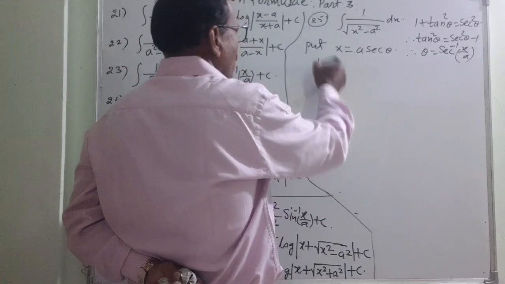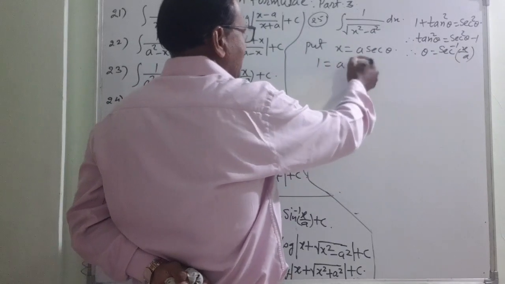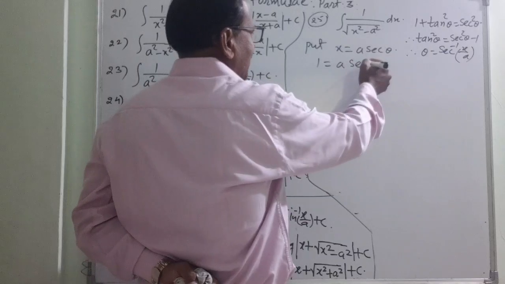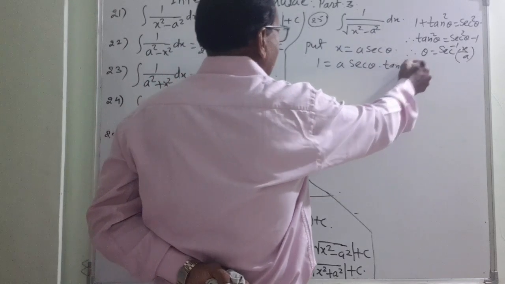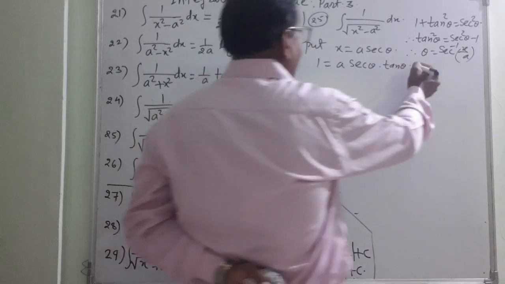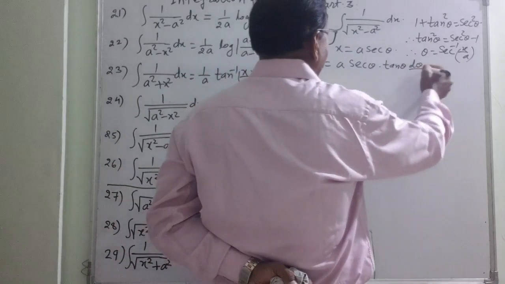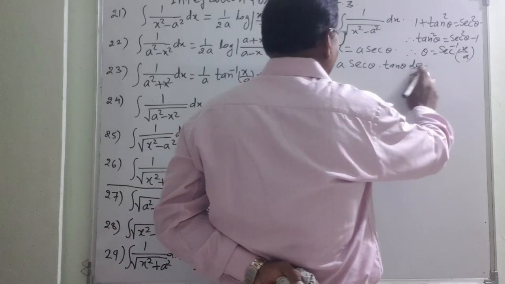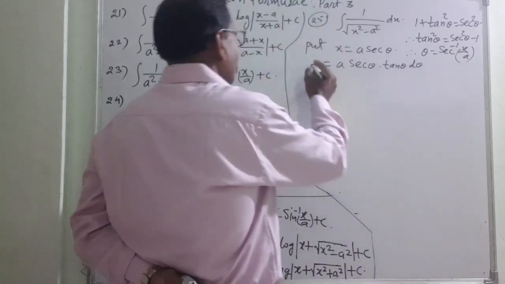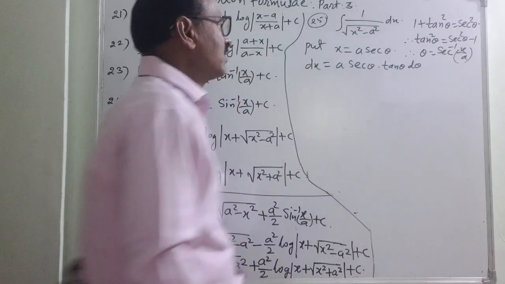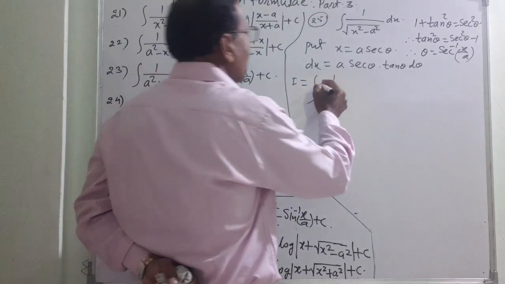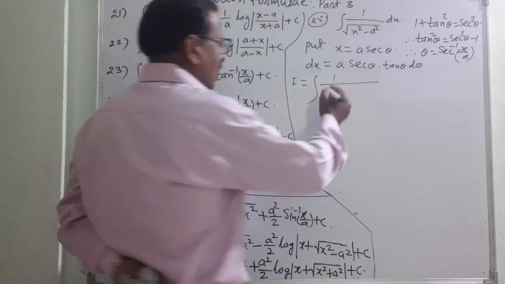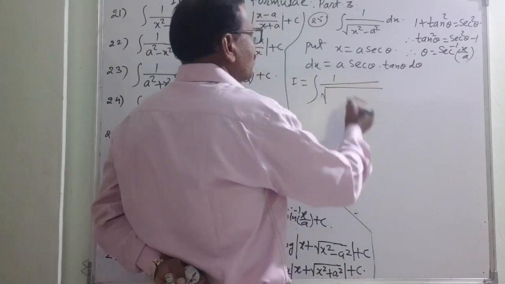Okay. So what is the, this is 1, this is a, d by dx of sec theta is sec theta into tan theta, and d theta by dx. Directly I will write the dx I have brought here, it has become dx. So I is equal to integration 1 upon under root x square means what?